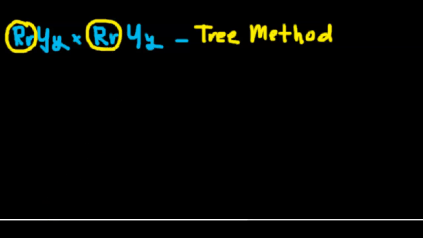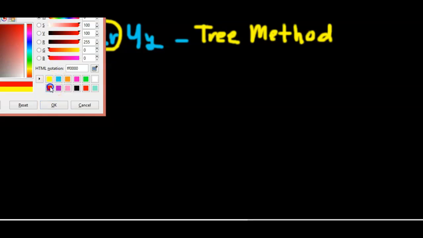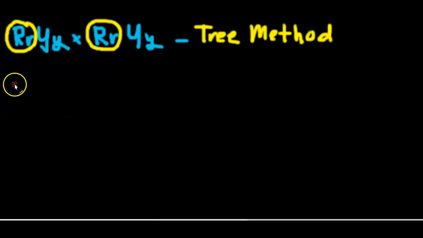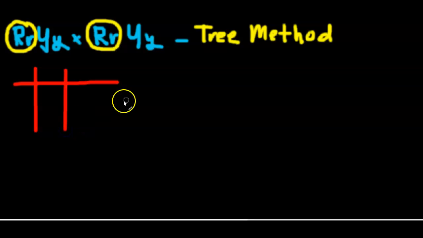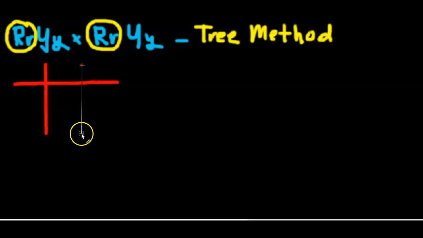And we're going to set up a Punnett square for each of the different traits. Don't need such a long line there. So we're going to do 2 monohybrid crosses.